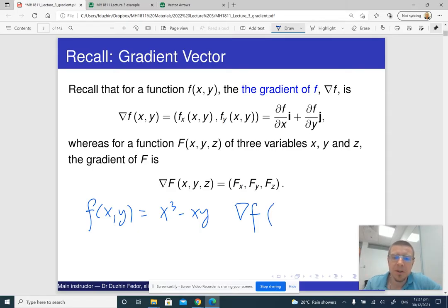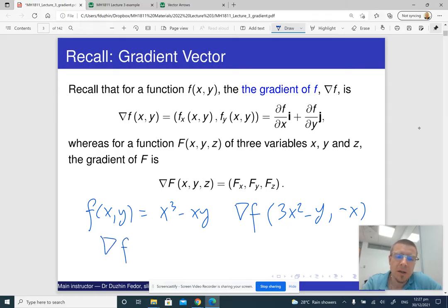The first is the partial derivative of the function with respect to x, so it's 3x squared minus y, and the second entry is the partial derivative with respect to y, which is just negative x. Then we can compute the gradient vector for any particular value of x and y.